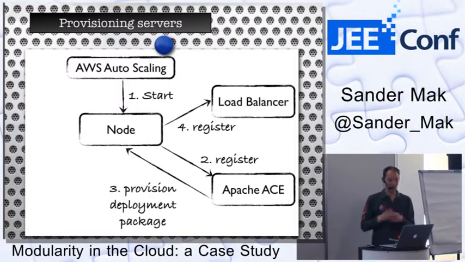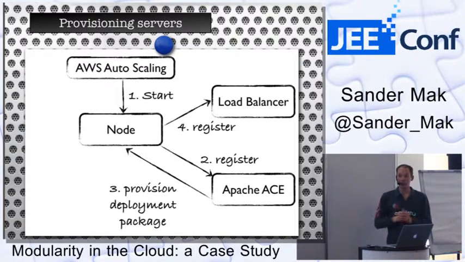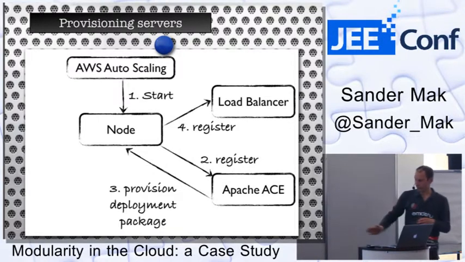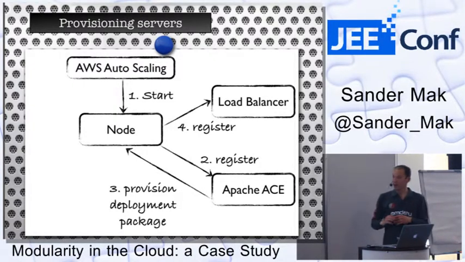And it says to ACE, okay, tell me, what do I need? And then Apache ACE knows which distribution needs to go to which server, and it sends the bundles. And this is the third step, the provisioning of the deployment package. And after that's done, then this node can register itself with the load balancer because it's fully operational. And it has all the software it needs to function.